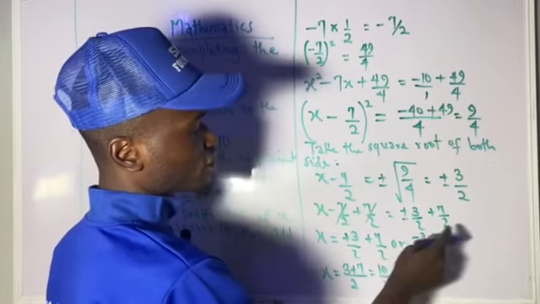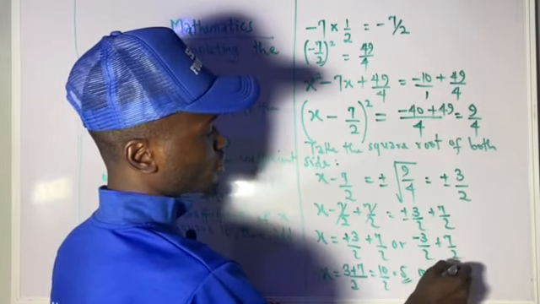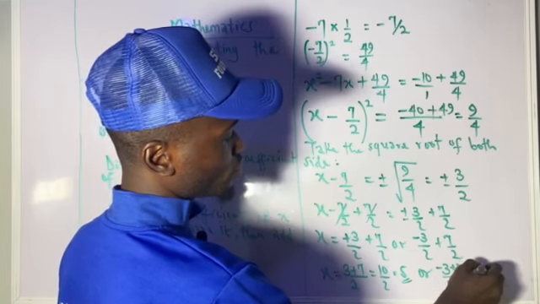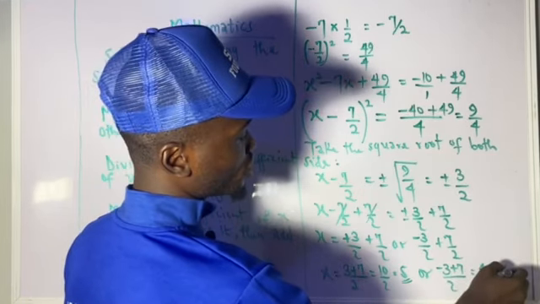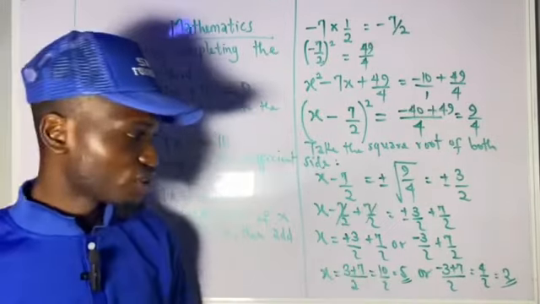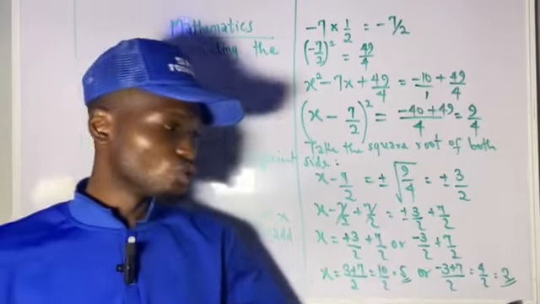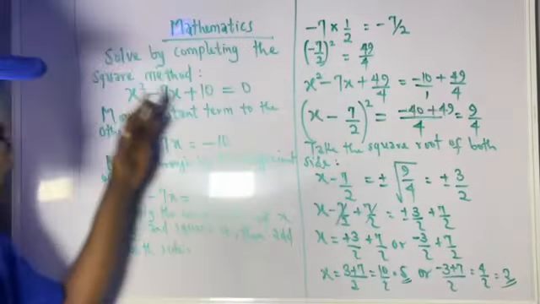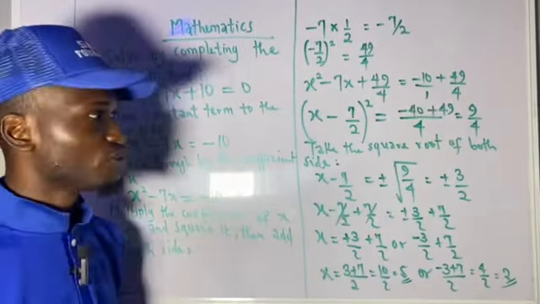Or minus 3 plus 7 over 2, which gives me 4 over 2, which is the same thing as 2. So the two answers for this question are 5 and 2. That means x equal to 5 and x equal to 2 will satisfy this equation.